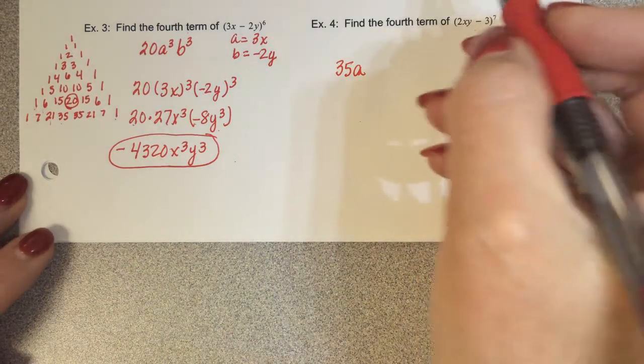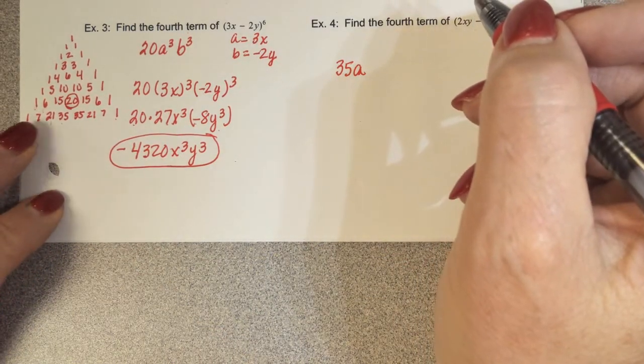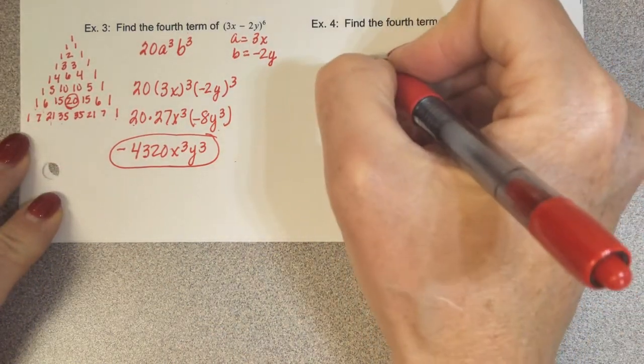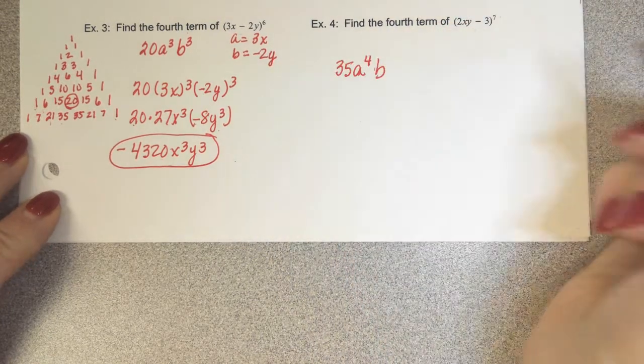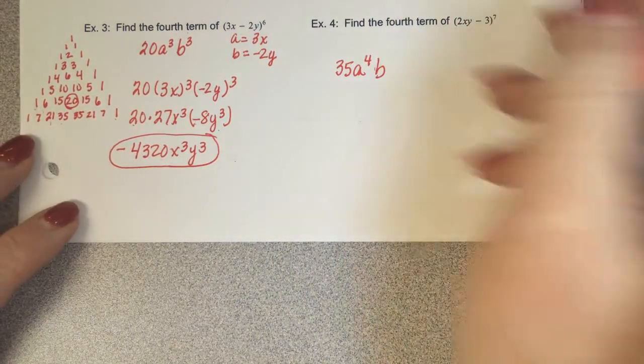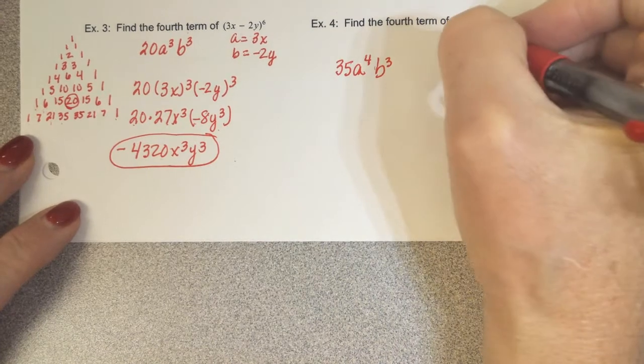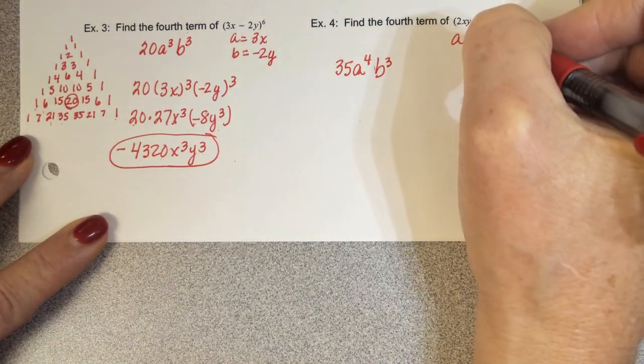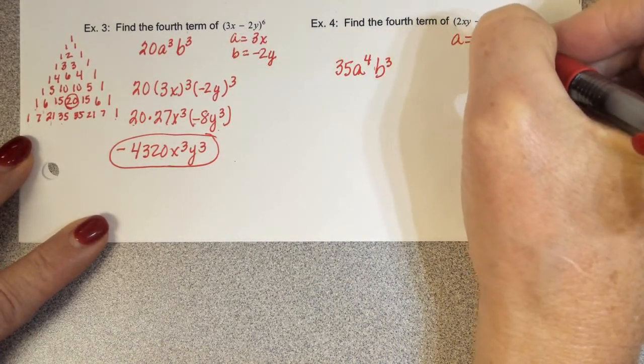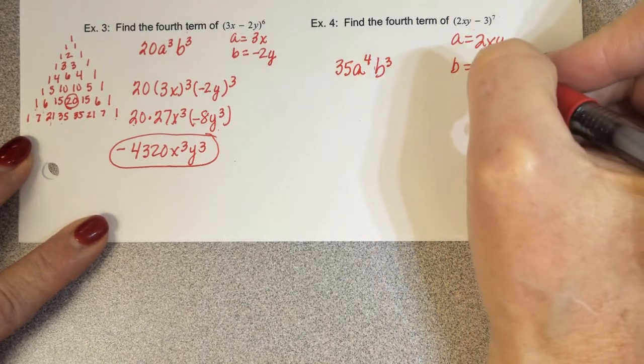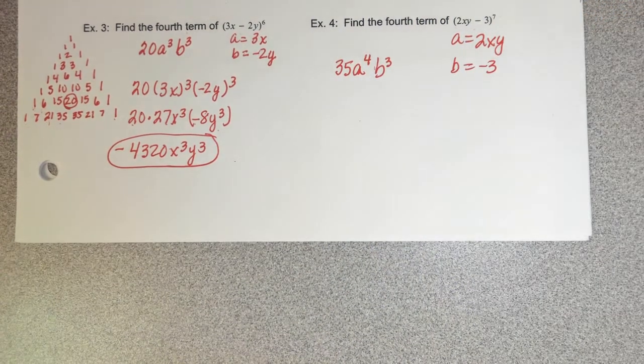A is going to go to the 7, 6, 5, 4. Yep. And then what's our b going to have to go to? Third. What is a? 2xy. What is b? See if you can figure out what that 4th term would be if this was all expanded out.